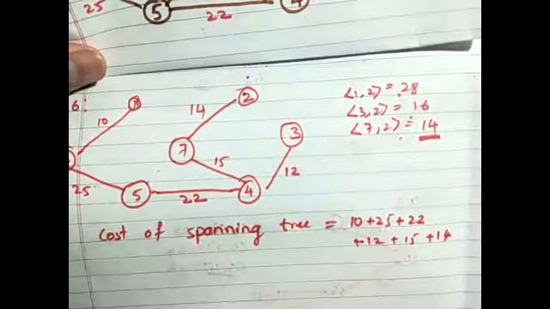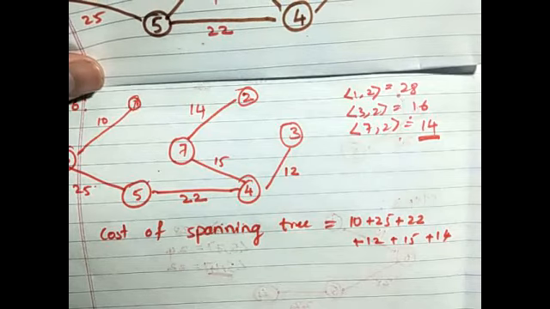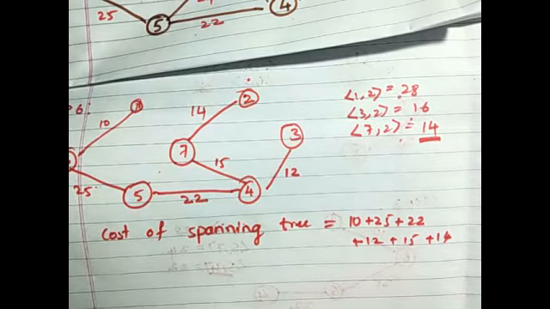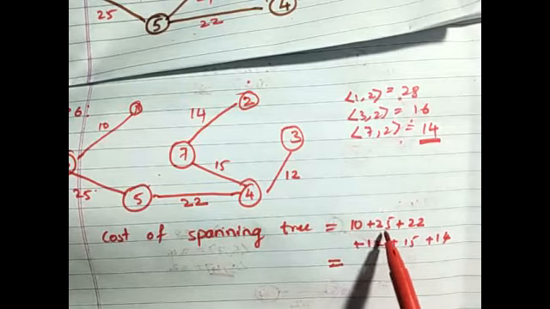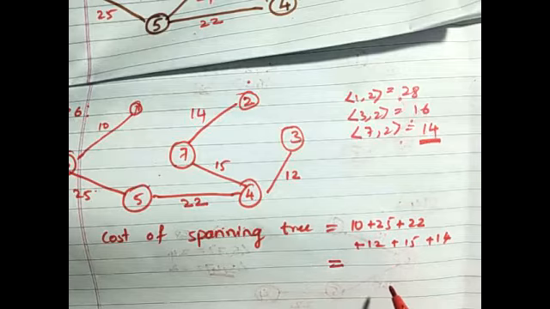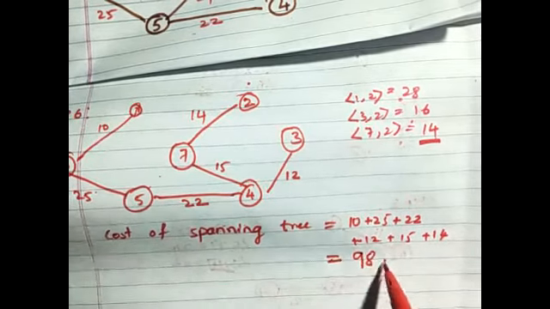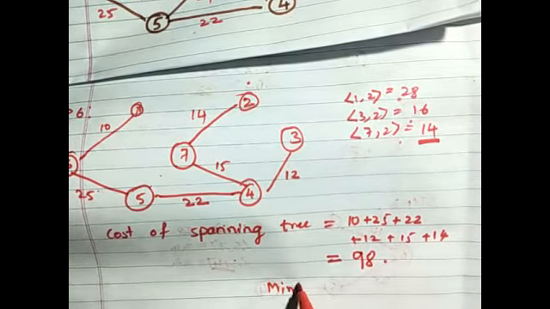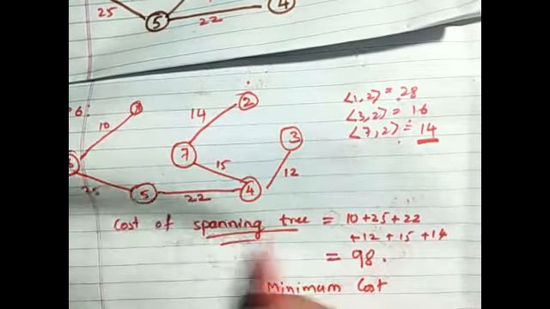Now, if we add all these, we get the total cost of this particular spanning tree. So the total sum is 10, 25, 35, 22, 12, 15, 14. I think it will come around 98. That is the minimum cost of the given spanning tree.